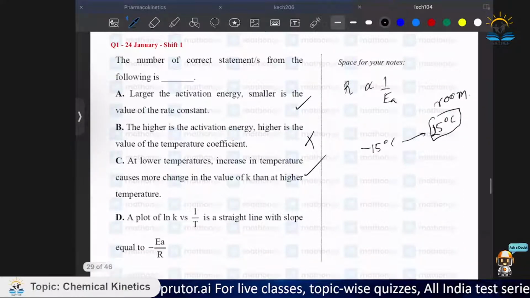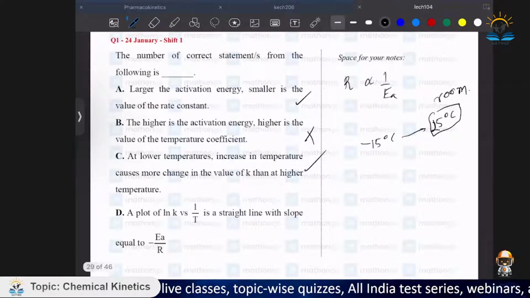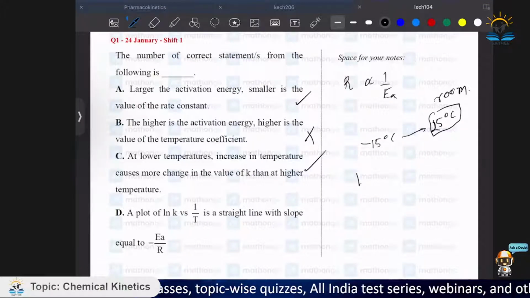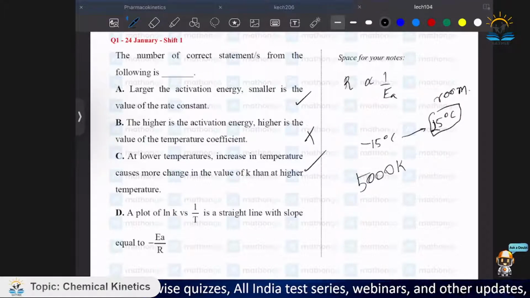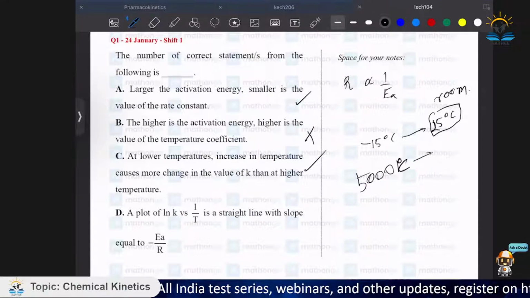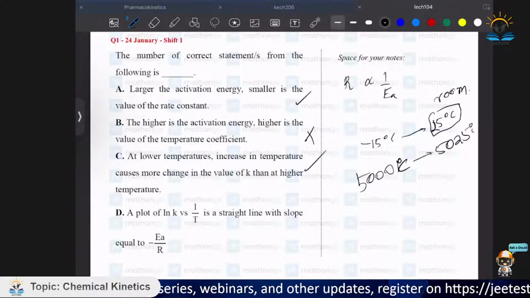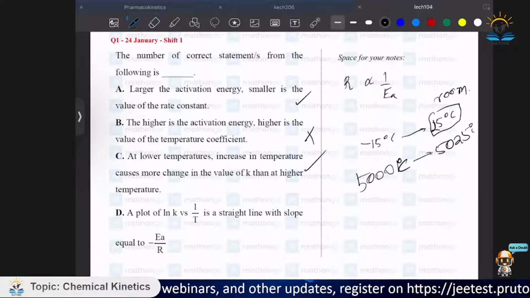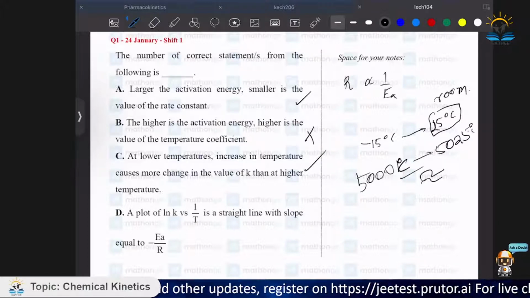But at the same time, suppose melting of a metal which occurs at 5000 degrees Celsius, let's assume Celsius for the sake of convenience. You increase it to 5025 degrees Celsius. Will there be any significant change? No, it's almost the same. 25 degrees doesn't matter.